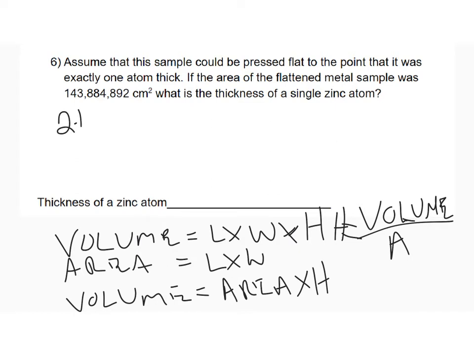And I'm going to take advantage of the fact that 2.1 milliliters is equal to 2.1 cubic centimeters, because cubic centimeters and milliliters are the same unit, interchangeable. So I have 2.1 cubic centimeters. That's the volume. So looking down here, volume over area equals height. Well, I have the volume.